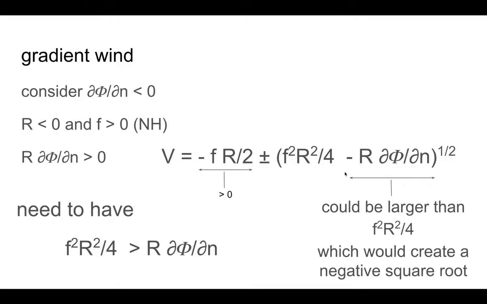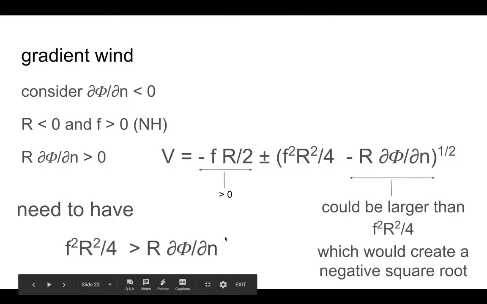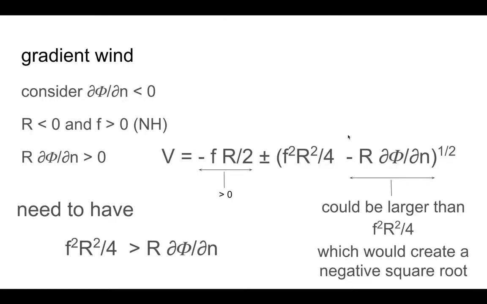So in this case, we have to consider a constraint where this term f squared R squared over 4 is greater than R d phi dn. If that's the case, then the term inside the square root will end up being smaller than the absolute value of fR over 2.